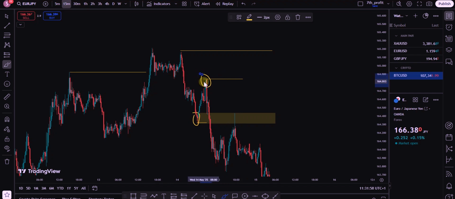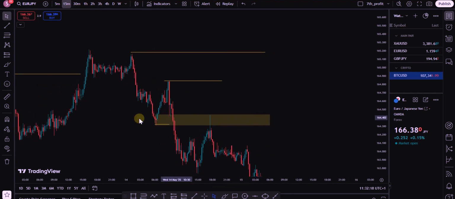It fails to take out this high. Then what? It broke structure to the downside, right here.